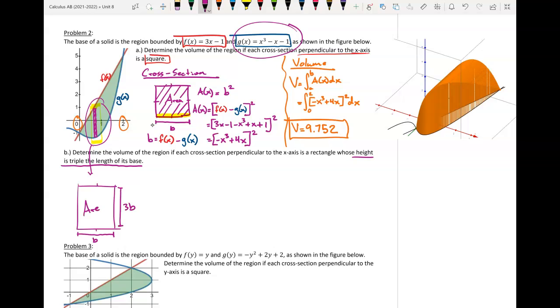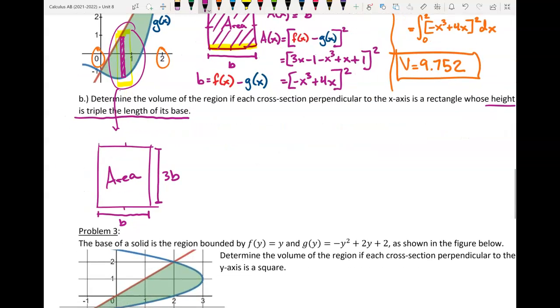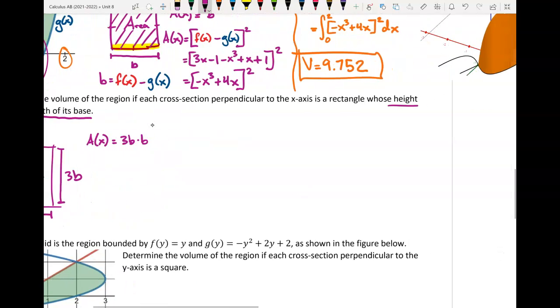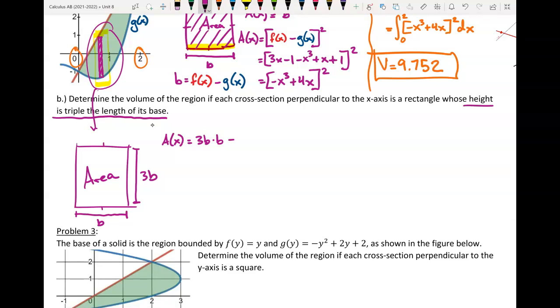So if I want to determine my area, A of x is going to be 3b times b, or 3b squared. But what is our base? Well, our base is going to be the same as what we had earlier.